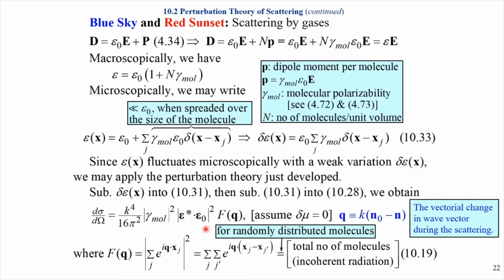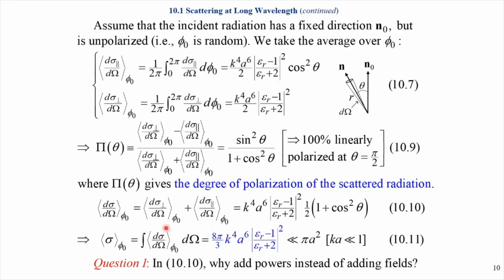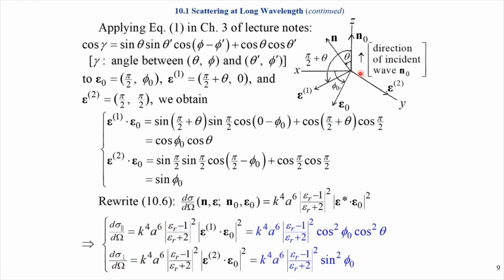Let's go back to the definition of this one to give you a better understanding. Here, n0 represents the direction of the incident wave. n is the direction of the scattered wave. We assume we align n to be on the XZ plane.